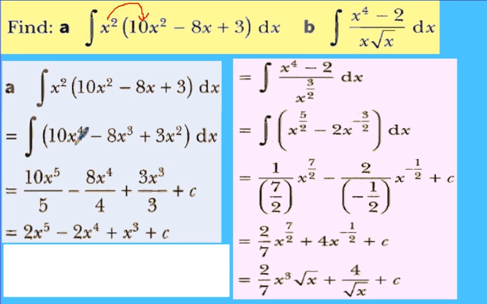So it will become 10x4 here minus 8x cube and then 3x square dx. Now x4 will be x5 upon 5 because we add 1 and we subtract. Sorry, we add, and down we write as it is. So x cube can be said x4 upon 4. The formula said 1 upon n plus 1, x raised to n plus 1.